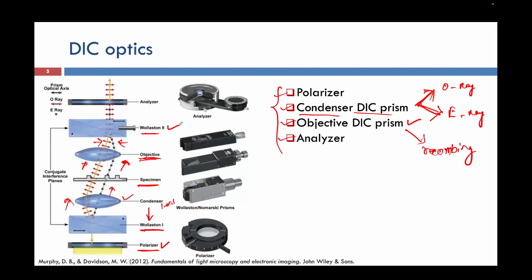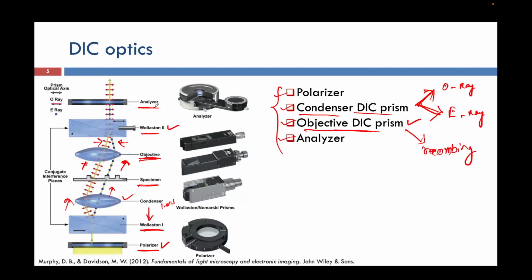Because if we do not have this Wollaston prism to recombine, we will get a blurry picture, or even if we get some picture, it will give us a double refraction kind of image. That is why this objective DIC prism is one of the most important features in DIC optics. Then finally, the Wollaston 2 prism has done its job, and we have the last component, called the analyzer.